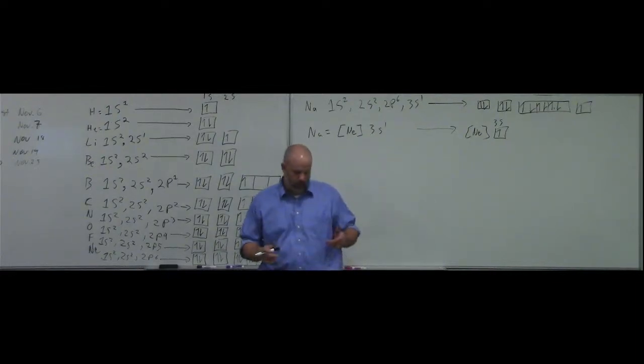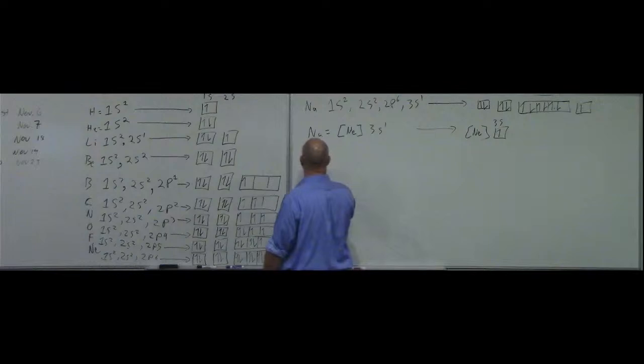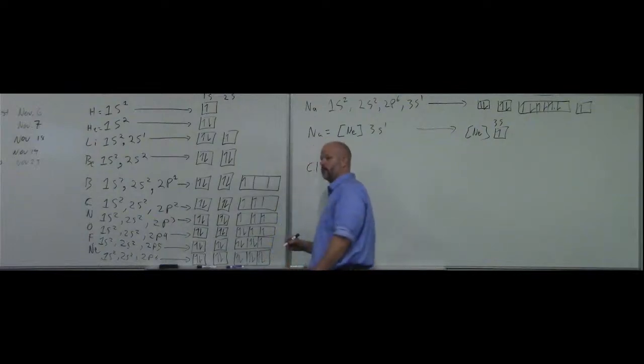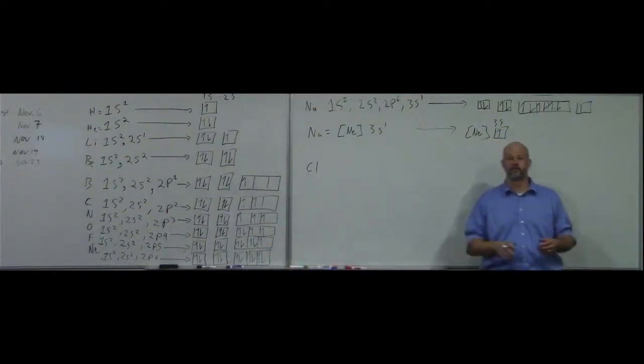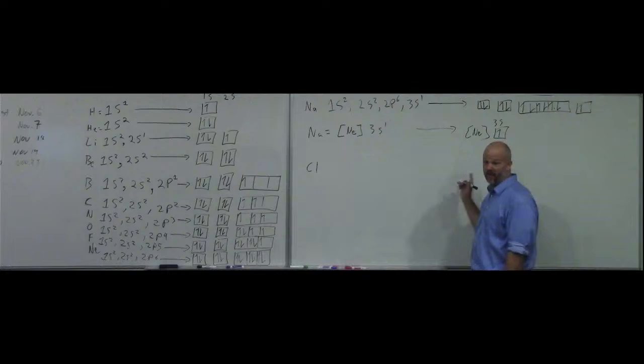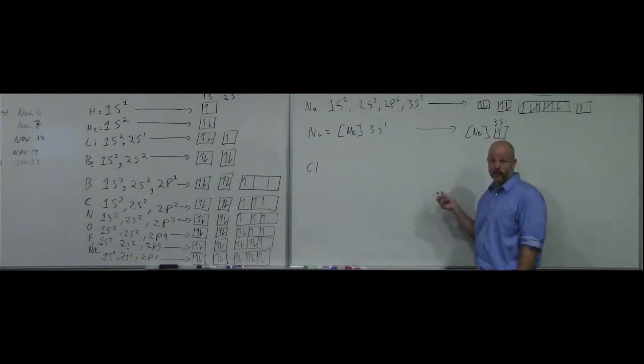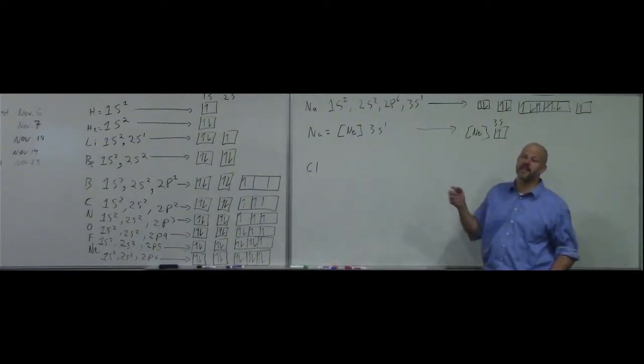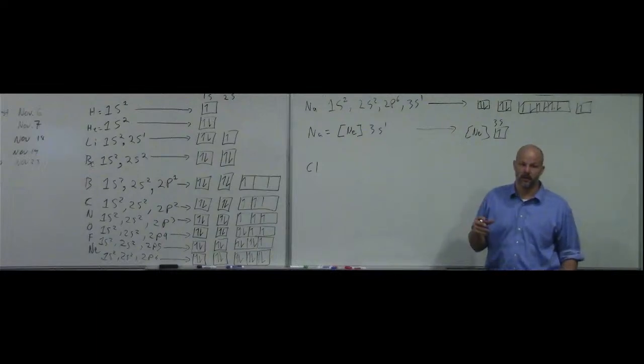Why don't we do chlorine? How many electrons does chlorine have? It's atomic number 17. Okay. So, I can write all that out, right? But I don't want to do that. I just learned this trick. So what's the preceding noble gas? It's neon.